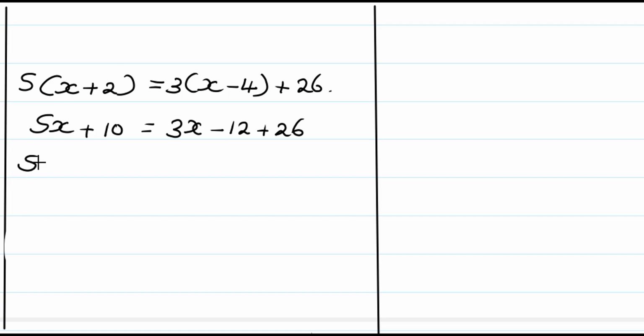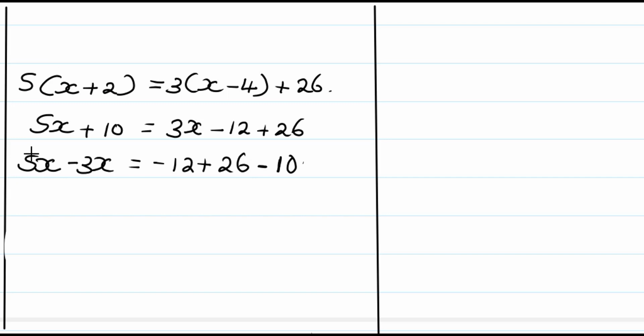So we have 5x, then this 3x on the right side was positive, so on the left it will be negative, so 5x minus 3x is equals to negative 12, this one, plus 26, this one, and then minus 10, this one, because on this side 10 was positive, so when it moves on the other side, it will be negative. So it will be minus 10, like that.